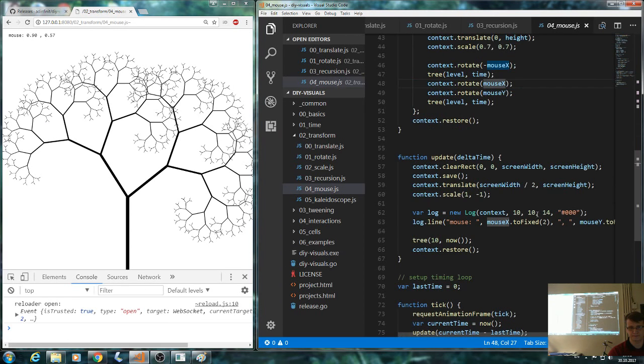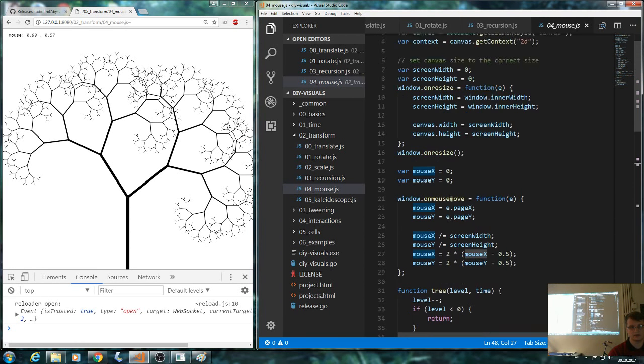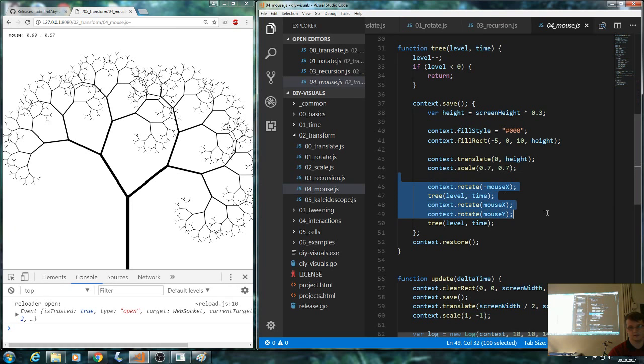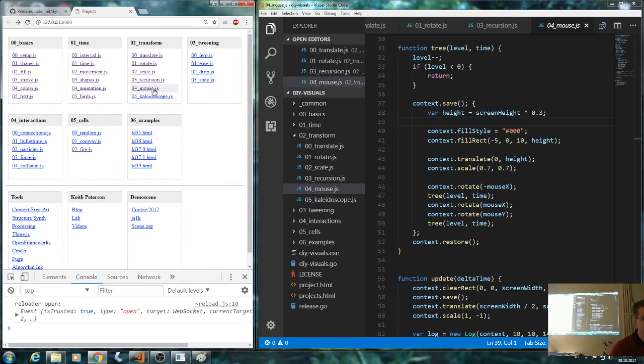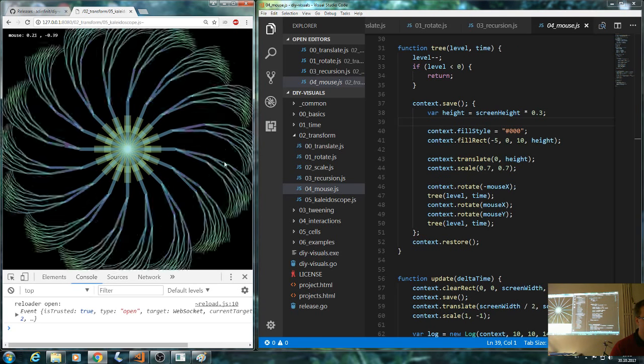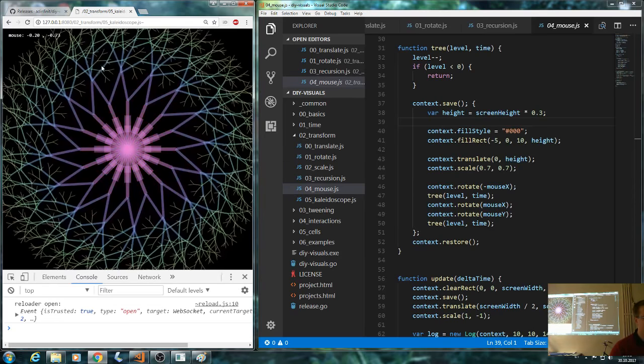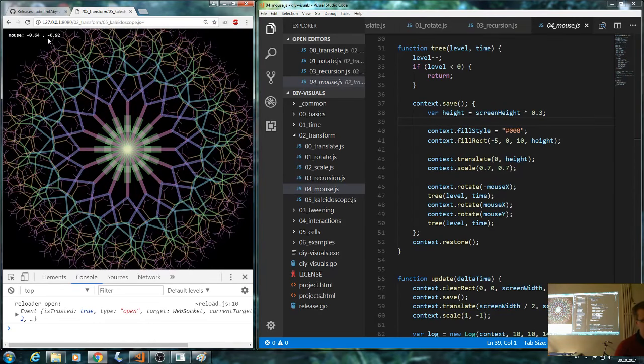So here, instead of rotating by some constant amount, we use the mouse X and Y position. And of course, now that we have this beautiful tree thingy, we can make it colored and make the colors move based on time and where they are drawn or something.